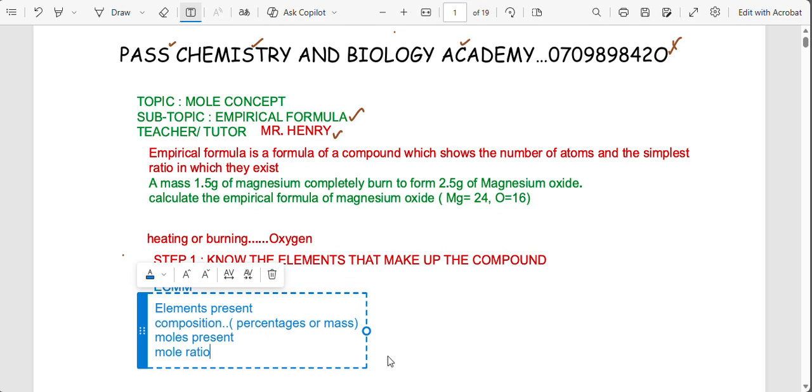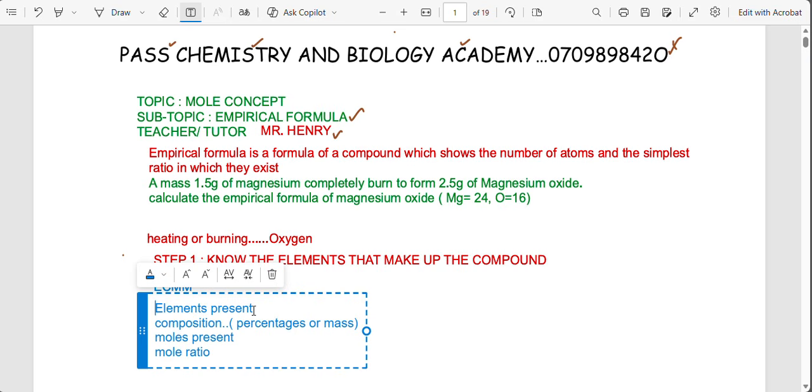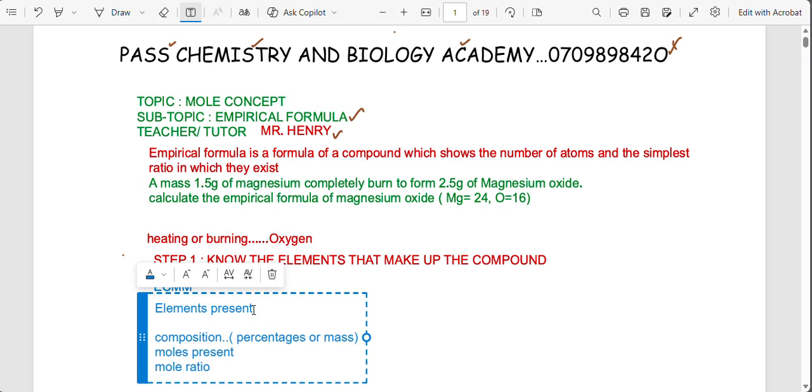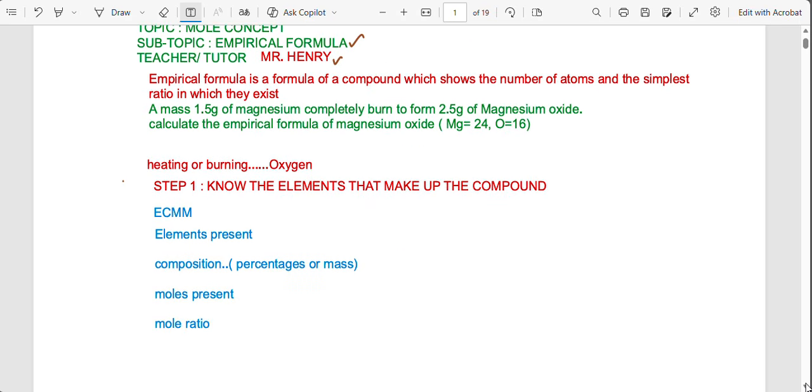From moles present, the last M stands for mole ratio. So this is the formula that we are going to be using anywhere you see empirical formula, and we draw tables when we are calculating this.